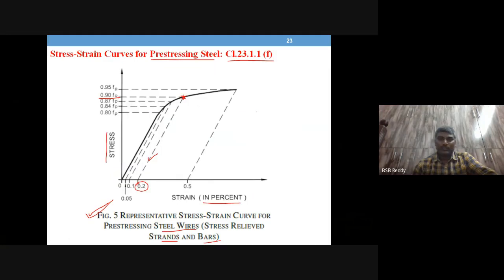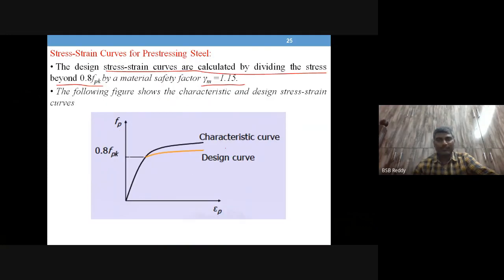So these values are to be divided by 1.15 to obtain design strength. So that is the meaning of this point. So the design stress strain curves, you can plot it just by dividing the values by 1.15.